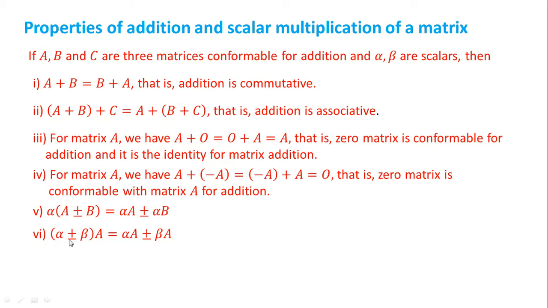Then property number 6 is, suppose alpha and beta are scalars and A is a matrix.